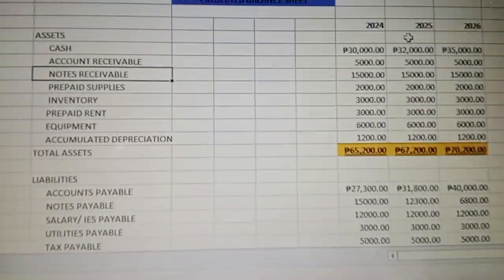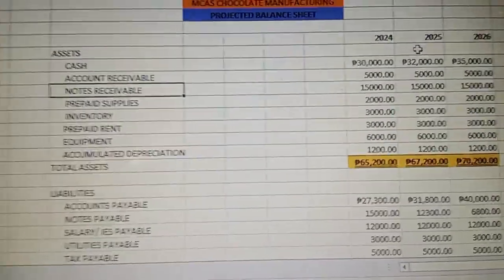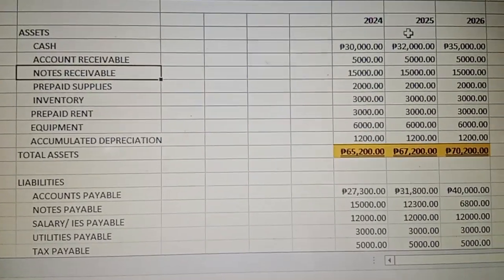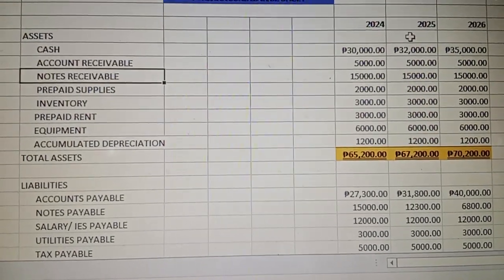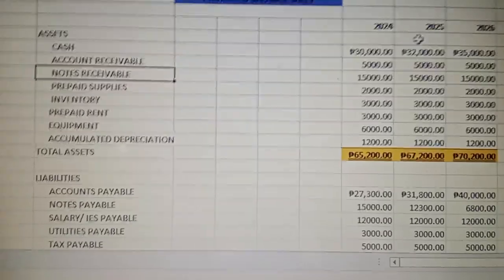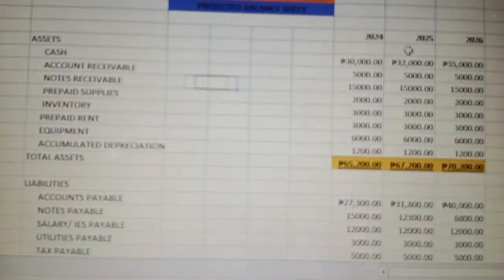The next one is the notes receivable. You will be able to see that the amount of notes receivable is consistent, as I also indicated the same estimated amount.